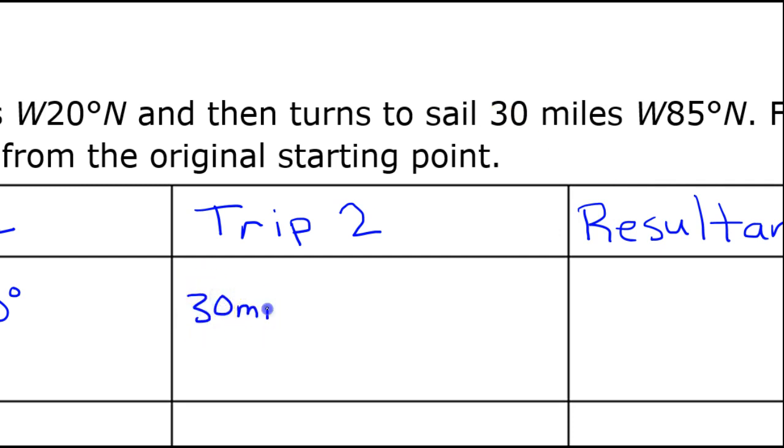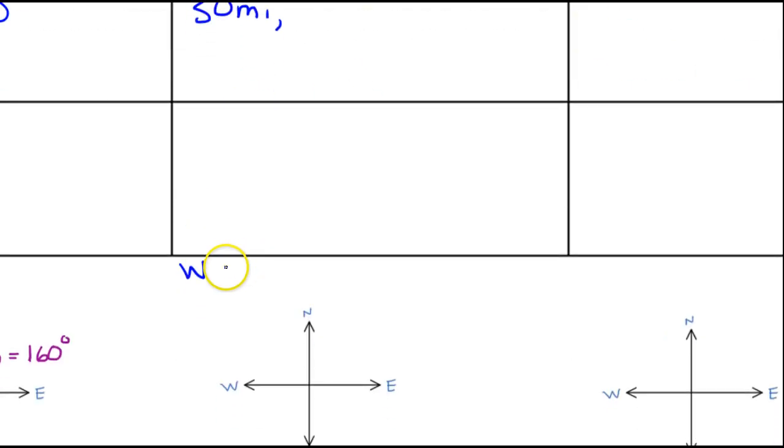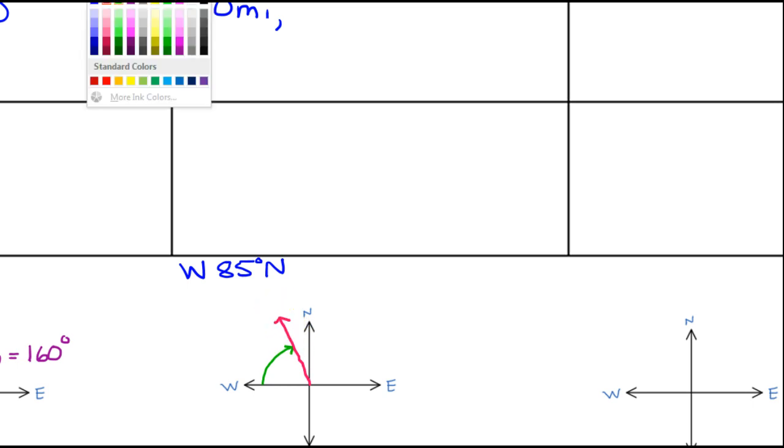Now that direction, west 85 degrees north. This means start at west and then turn 85 degrees towards north, like this. So the vector should be about here, where this is 85 degrees.